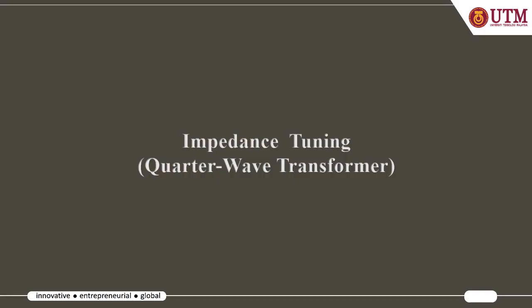Okay, next we are going to look at another type of impedance tuning technique, which is using a quarter wave transformer, or by inclusion of an additional lambda over 4 element in between the transmission line and the load impedance.